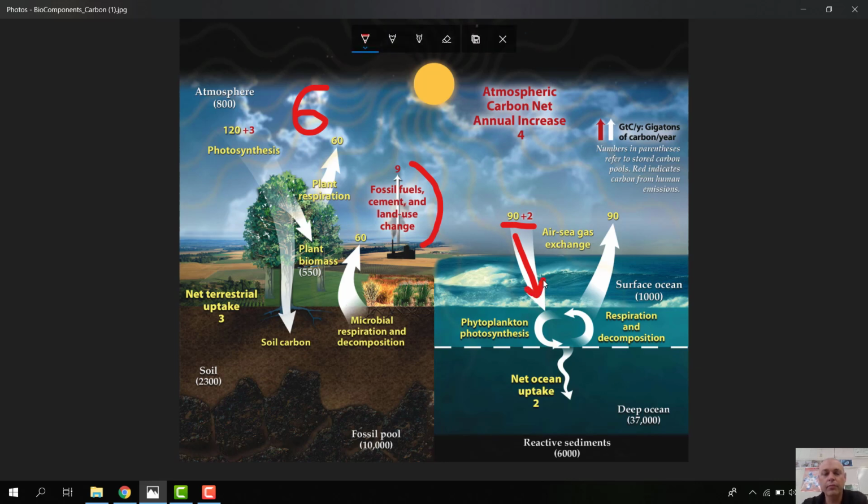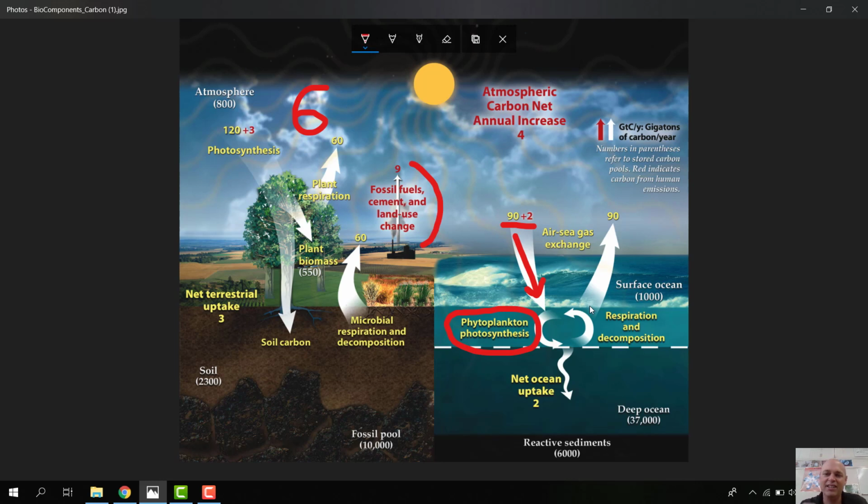Also, carbon dioxide is used by plankton for photosynthesis. There's an extra 2 gigatons, and it's in red. That means that was from our contribution. So we've done things to oceans that enhance the amount of plankton that actually go through photosynthesis. So that's what that plus 2 is.